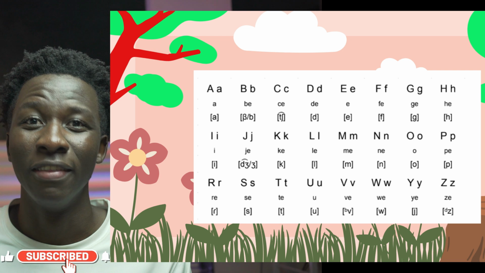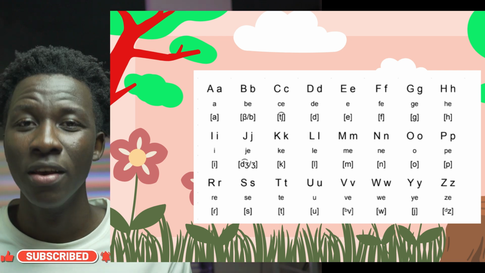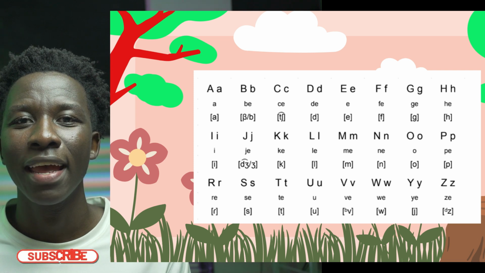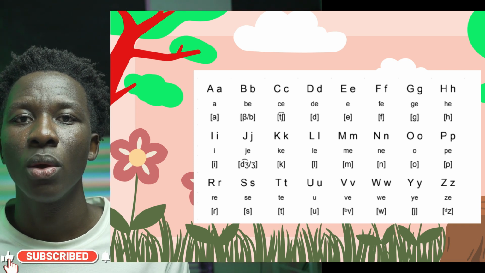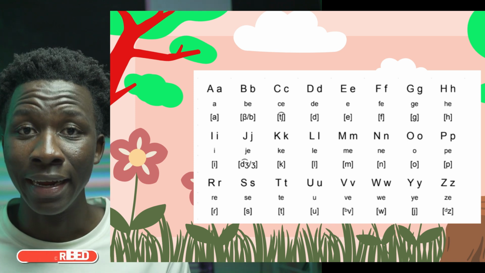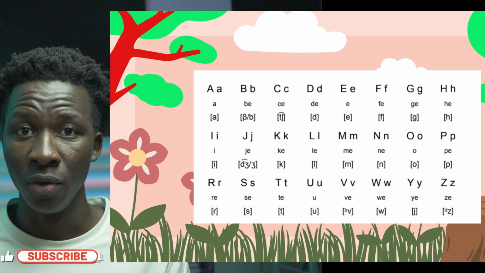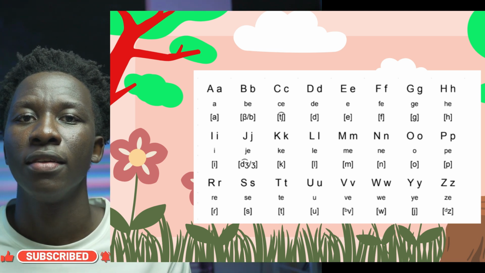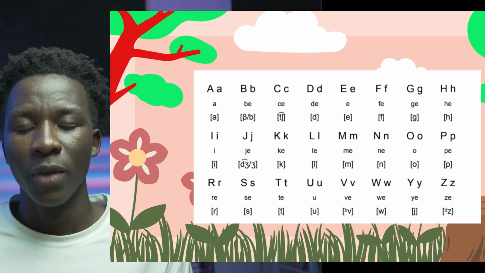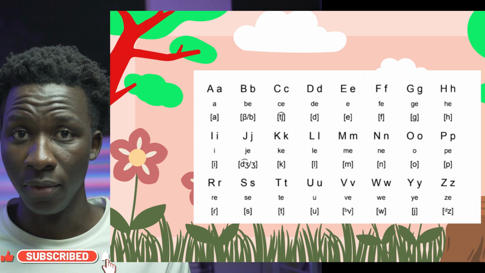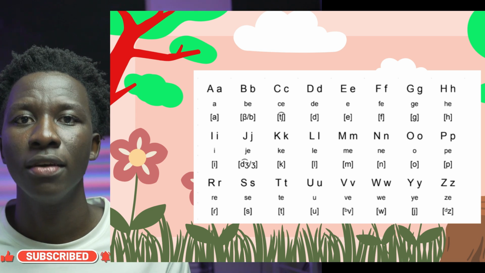In English we say W, or double V, but in Kirundi we say we. In English we say Y, but in Kirundi we say ye. In English we say Z, but in Kirundi we say se.